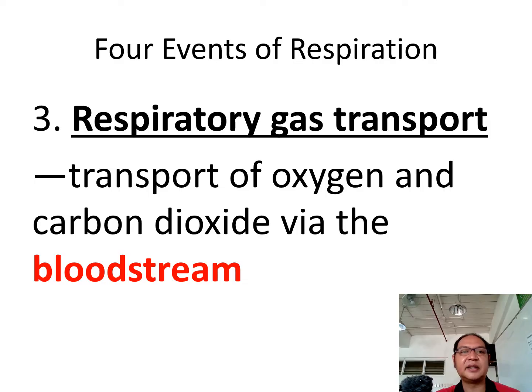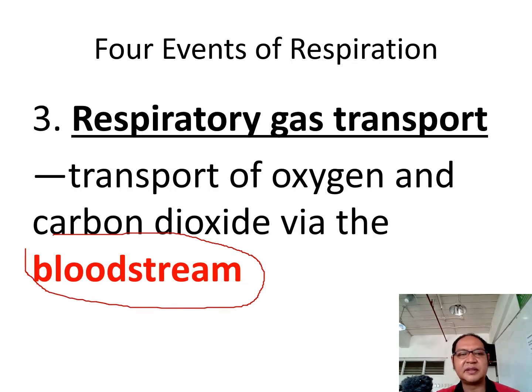The next event is respiratory gas transport. Since there is already gas exchange, oxygen should be transported into the tissue, and carbon dioxide should be transported out of the body. The medium of transportation is the bloodstream.